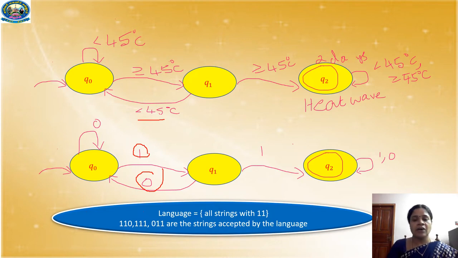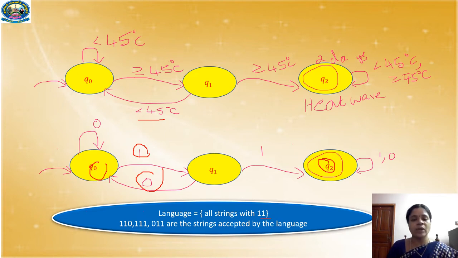That is, if we start from here Q0 and we reach Q2, which is the final state, there should be 2 consecutive ones. Otherwise, the heat wave doesn't occur. So the language is given by the set of all strings with 2 consecutive ones.